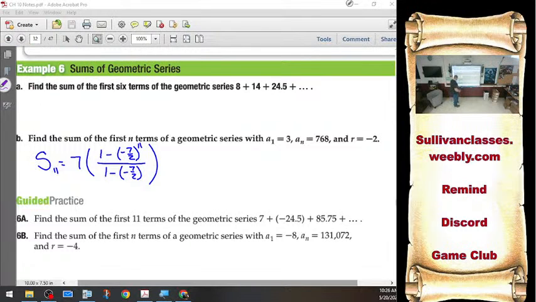And round 2, going to have S sub n is, I know a sub 1 and a sub n, so negative 8 minus 1, 1, 0, 2 to the negative 4 over.